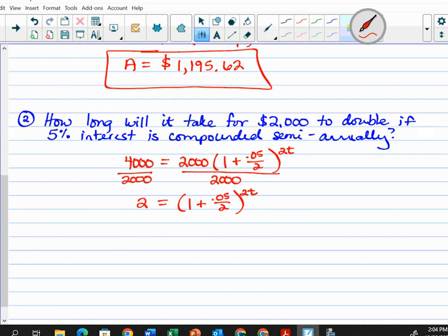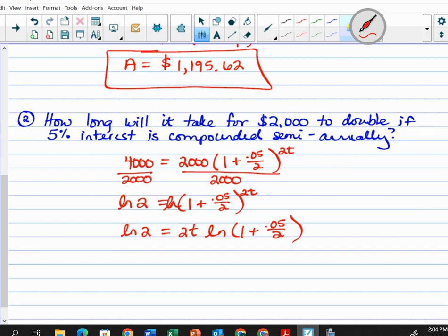All right, guys. To get the variable out of the exponent, we need to take the log of both sides. I'm going to use natural log. Where does the exponent of 2t go once I've written natural log here? Are we okay there?